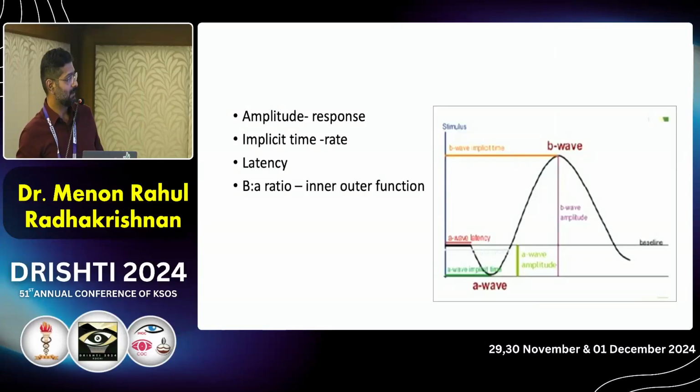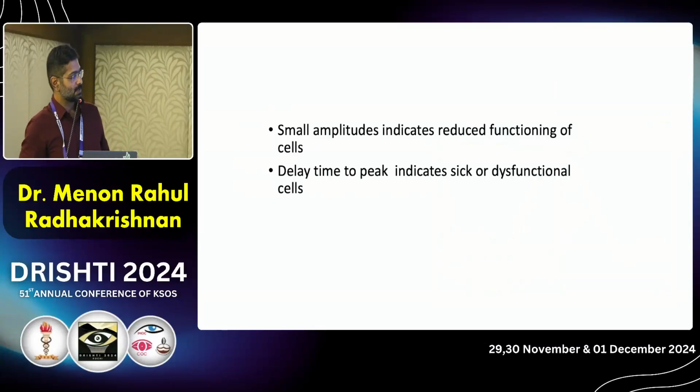An important point is the B to A ratio. The B wave is from the inner retina and the A wave is from the outer retina, the photoreceptors, so this ratio gives good information about the health status of the inner and outer retina. Small amplitude indicates reduced functioning of the cells, and a delay in the time of onset to peak indicates that the cells are sick or dysfunctional.